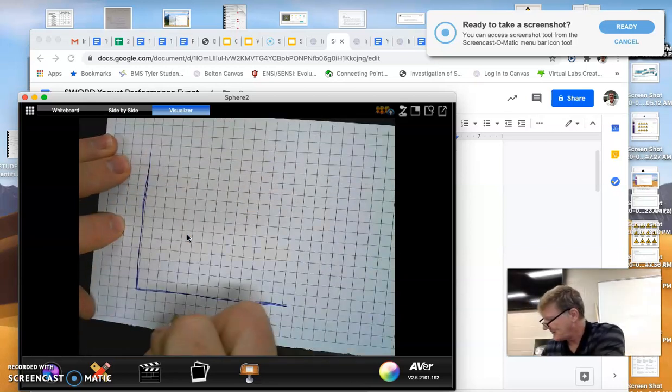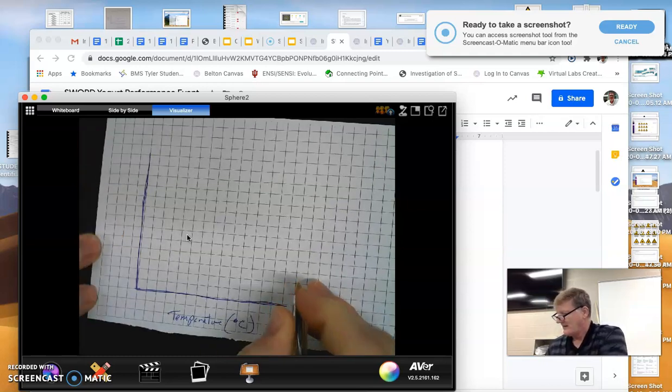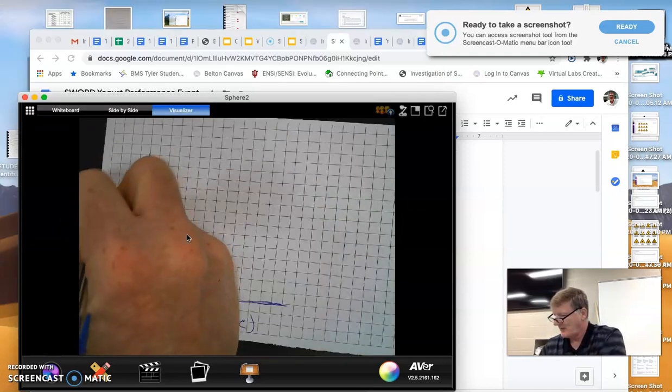On my x-axis, I'm going to have temperature, degrees Celsius. Then I'm going to have growth rate of bacteria.